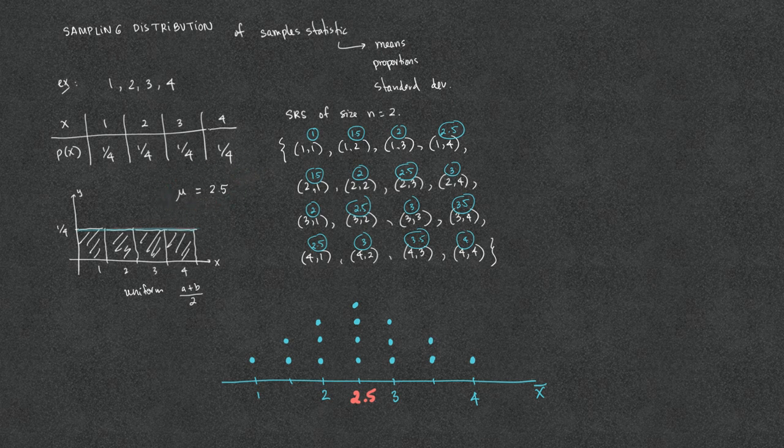distribution. This process, where we repeatedly take samples from the population to compute the sample statistics and examine the distribution of these sample statistics, whether it is the mean, proportion, or standard deviation, is called the sampling distribution.